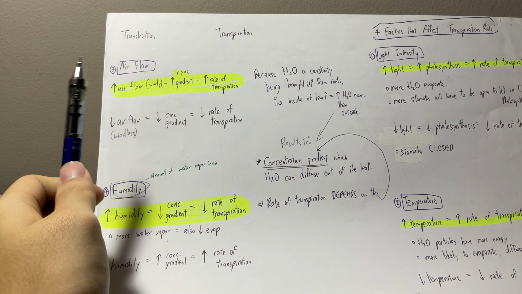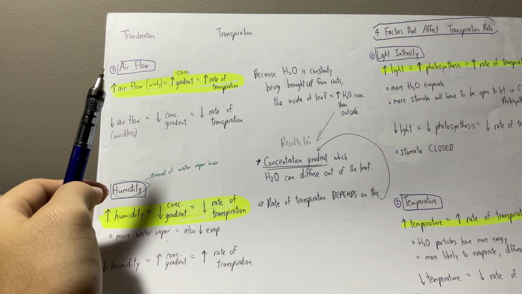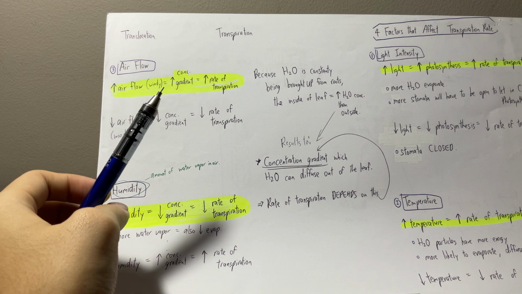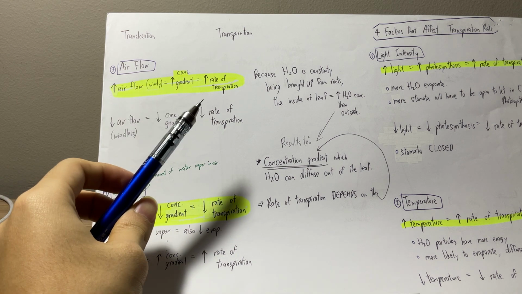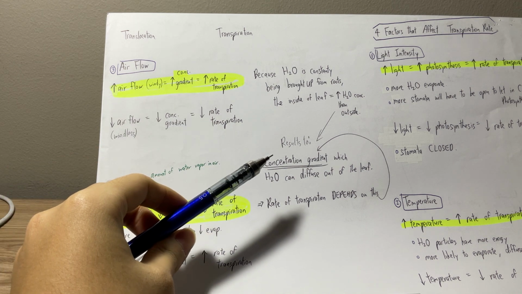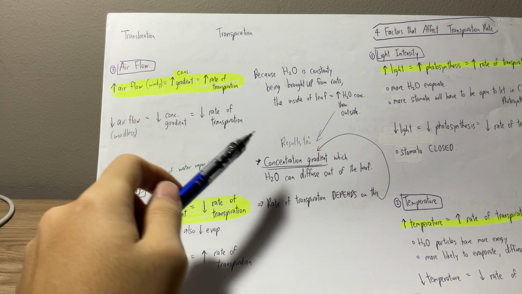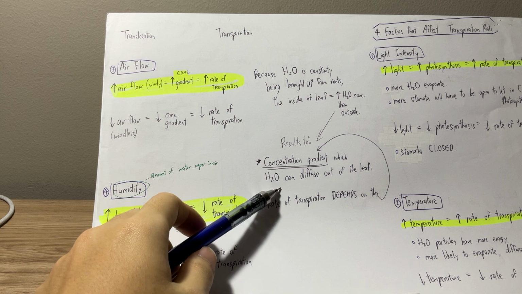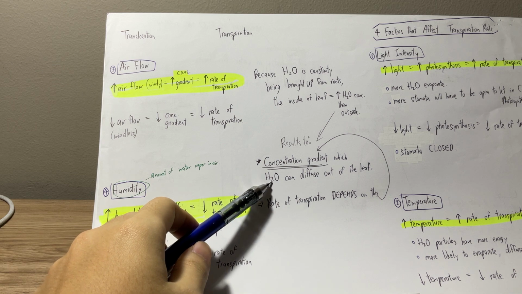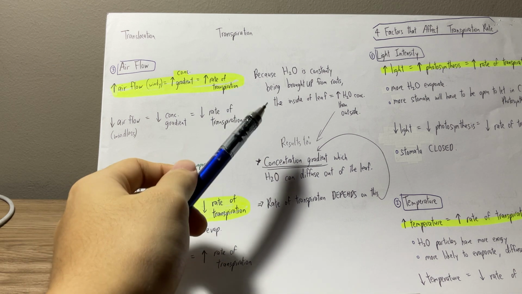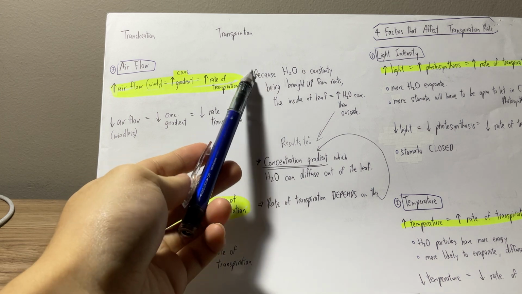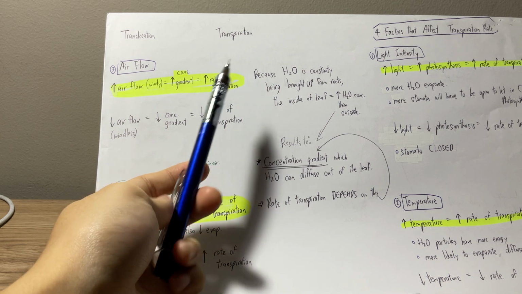So what I discussed earlier about transportation through the xylem, the hollow tube, it didn't seem significant, but knowing this, it's very significant since water is constantly being brought up from the roots.